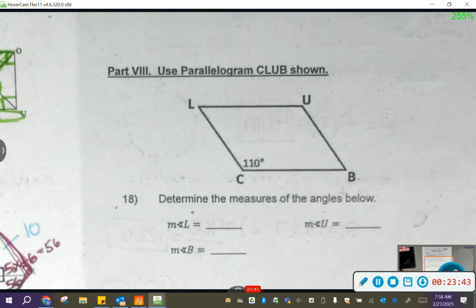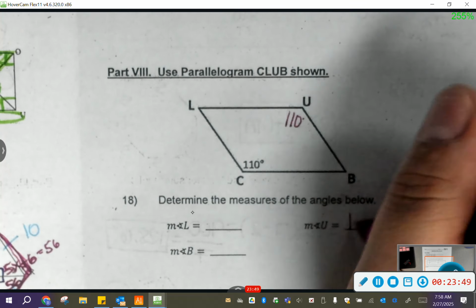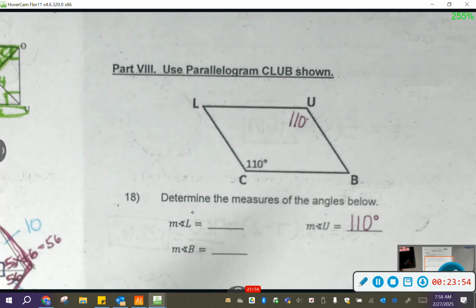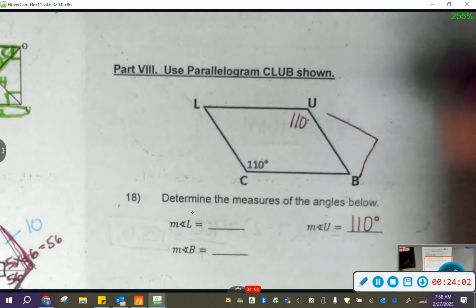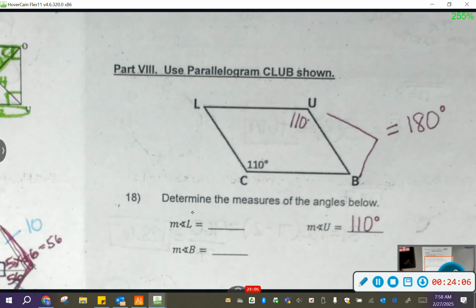All right, I know C is 110. What else do I know? U is also 110 degrees. Write this down, please. Across from each other, they are the same. But what about L and B? How do I find L and B? These equal 180 degrees.